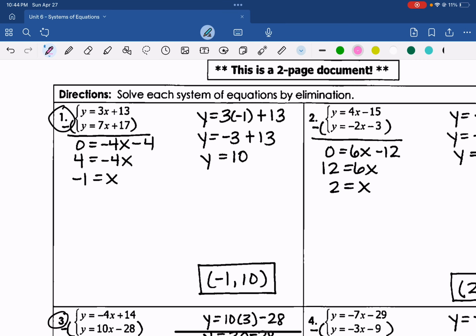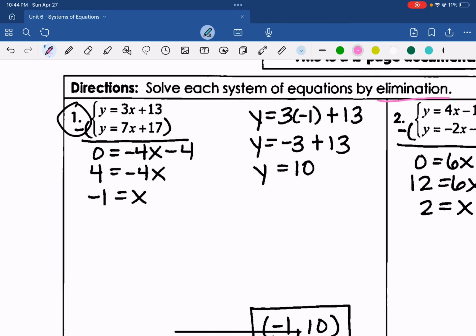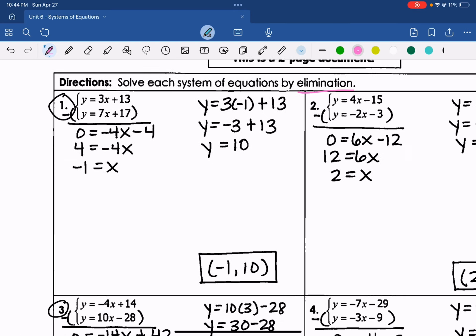We were talking about elimination in the last lesson. Solving by elimination, we talked about the big bar underneath both those equations with the minus sign, as you can see here.